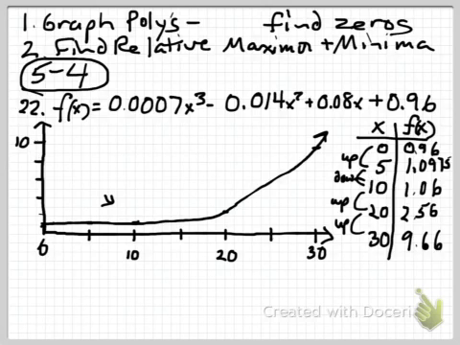So my next question is the turning points. I see the graph going up from 0 to 5, down from 5 to 10, so there's a max probably somewhere around x equals 5, and then it goes up again, so there's probably a minimum somewhere around x equals 10.